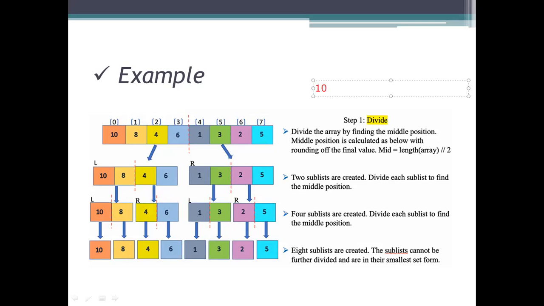The number of elements we are having here are 10, 8, 4 and then 6, 1, 3, 2 and 5. These are the elements we are having. How are we going to process this?